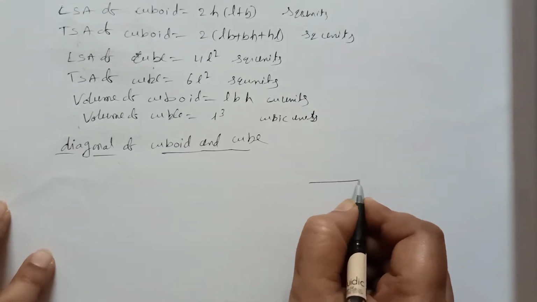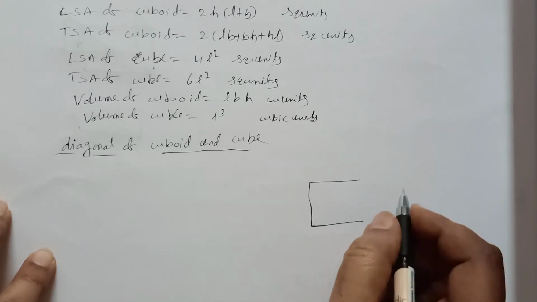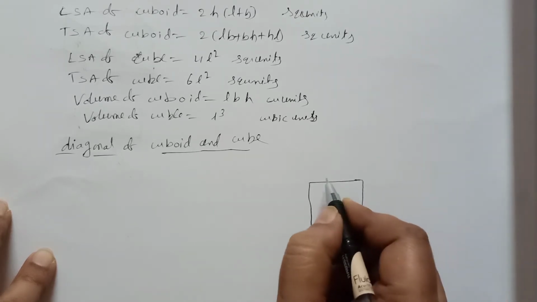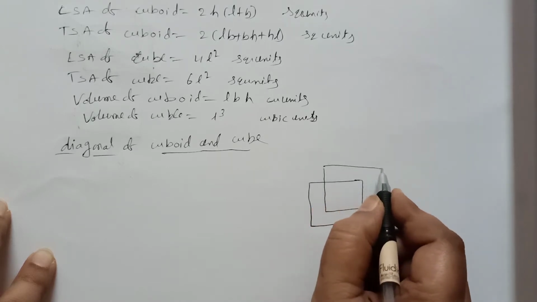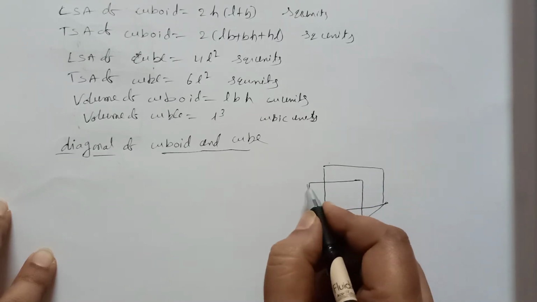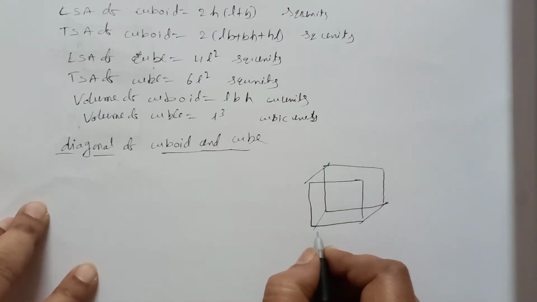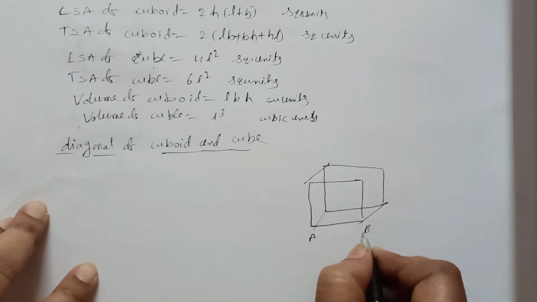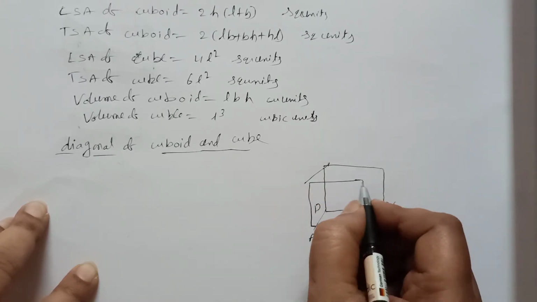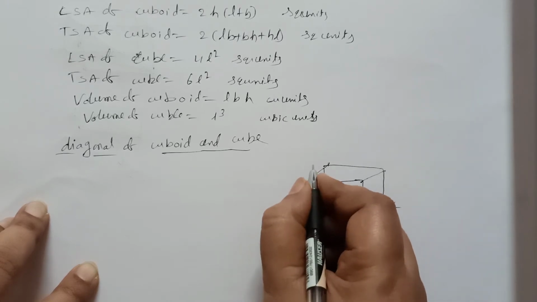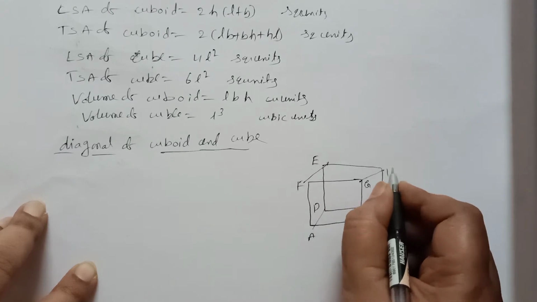It is a cuboid. ABCD is the base. EFGH is the top.